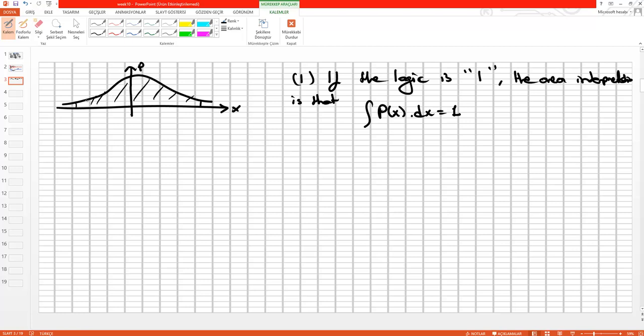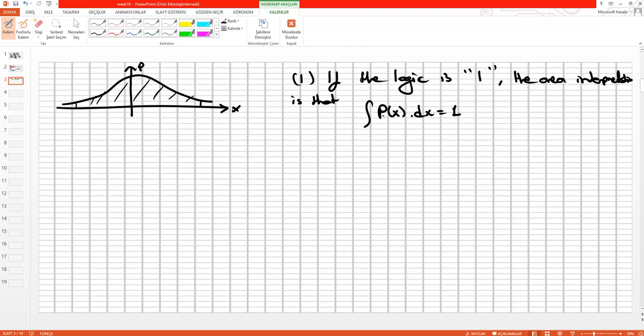And so the area integral of this probabilistic function must be equal to 1. But in the logic state or the MLP or logistic regression application, we don't have this kind of feature. But in this case, we involve the chance or the probability rate, and so we may obtain the correct model or the happening models in here, like this one.